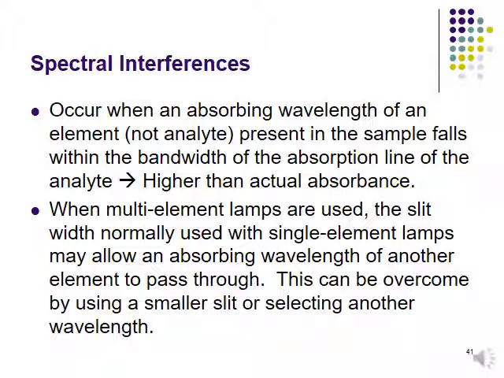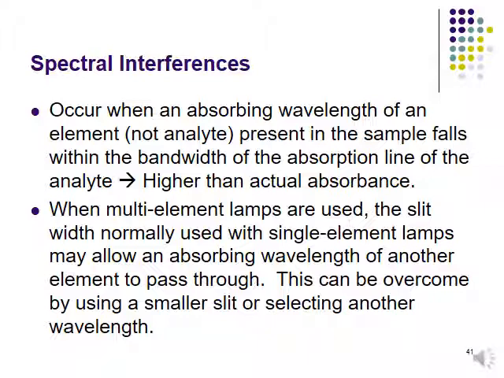Basically, when multi-element lamps are used, the slit width normally used with single-element lamps may allow an absorbing wavelength of another element to pass through. So even though you use single-element lamps, you can still detect elements that are quite similar to your analytes.